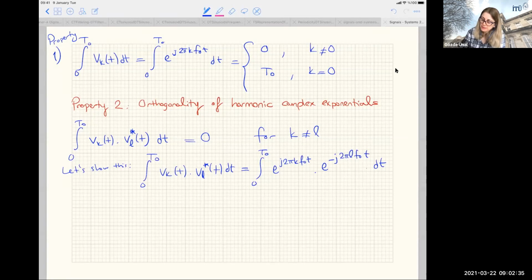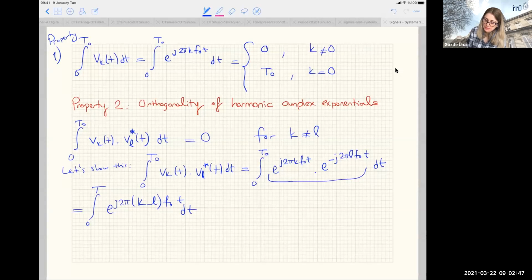Now combine these into a single term. That's going to be e to the j 2 pi (k minus L) f0 t dt. Now k and L are integers.